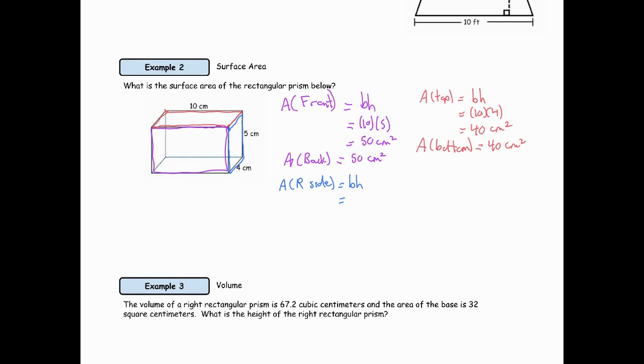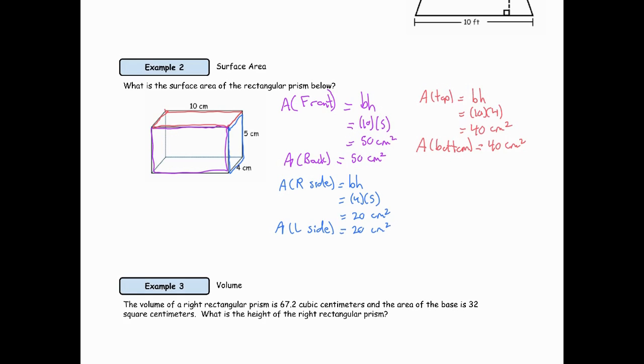The base is 4 centimeters times the height, which we can see is 5 centimeters. So the base times the height, 4 times 5, would be 20 centimeters squared, which means the area of the left side over here would have the same area of 20 centimeters squared.